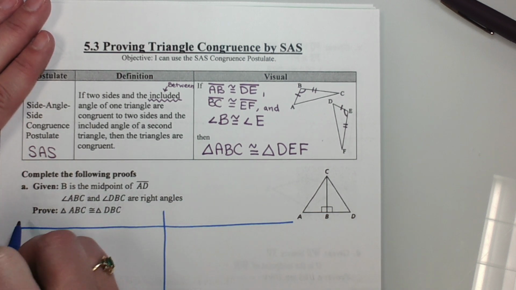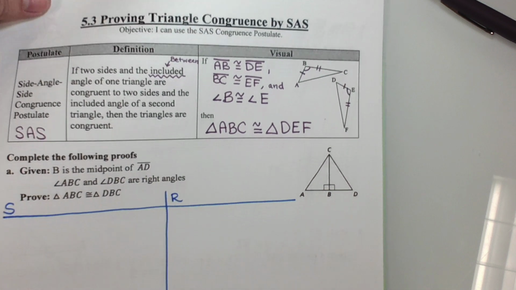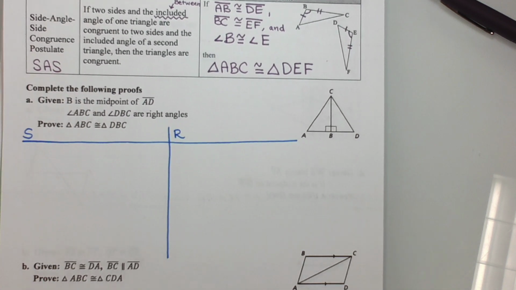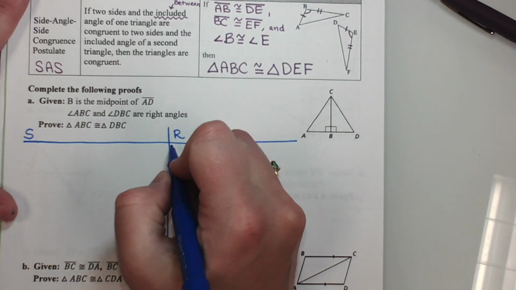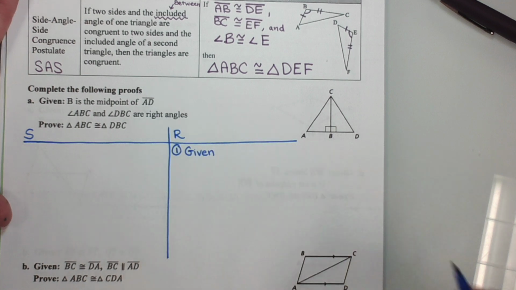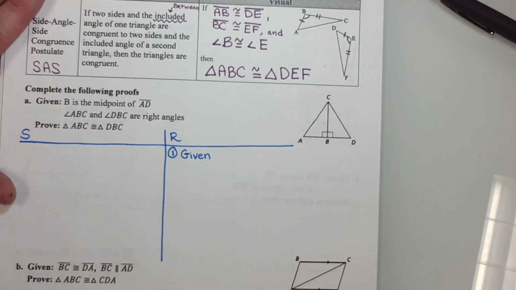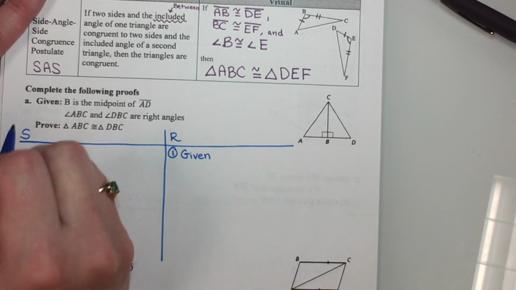If you want to go through your 5 things, you definitely can. Now the proofs start off the same way. You got your statements, you got your reasons, you write your given. Make sure you get all of your givens into your proof. How many givens do I have here? 2 different statements are givens.